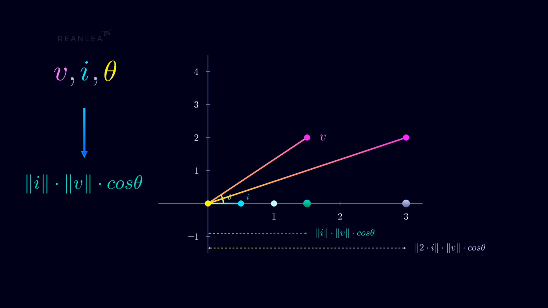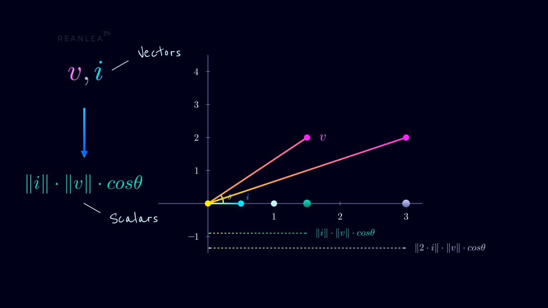And since the angle between two vectors can be determined exactly by those two vectors, we can define a relation between those two vectors which gives a scalar output. Here it is the length of the projection, and we call it an inner product or scalar product between those two vectors.